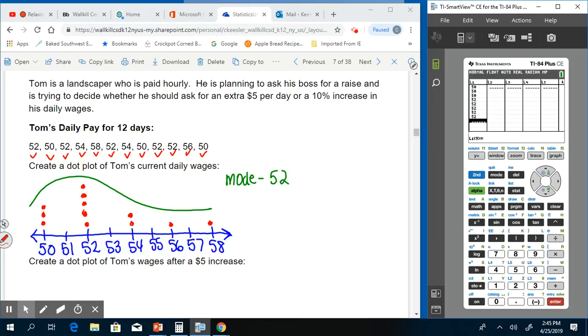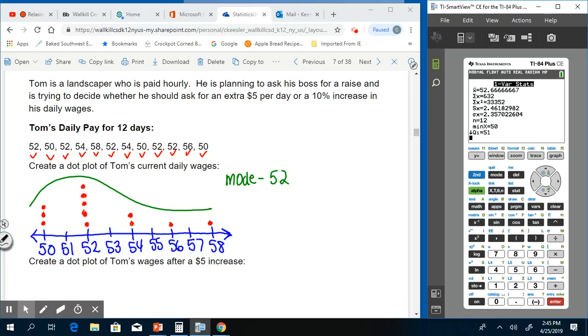Then we have 54 twice. Then we have 56 and 58. Then we go to Stat again, over to Calc, one variable statistics, enter 3 times. And there we have our set of data values.